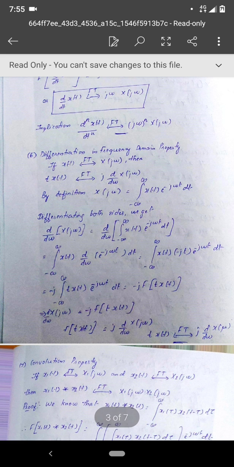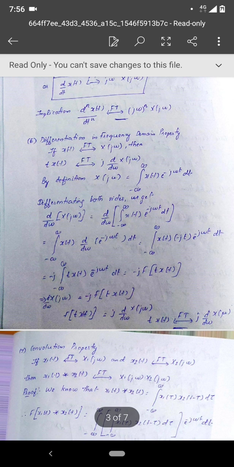So we started with finding the derivative of X of j omega. So d by d omega X of j omega equals minus j times the Fourier transform of t x of t. That means you can bring that minus j to the other side. When you bring the minus j to the other side, it becomes 1 by minus j, times d by d omega X of j omega. So 1 by minus j is nothing but j.